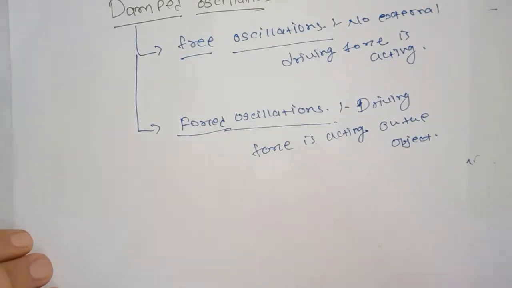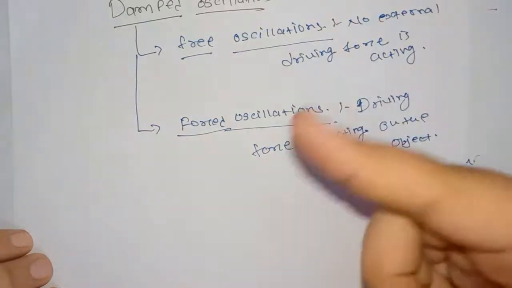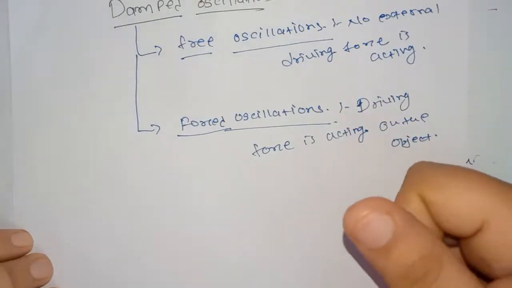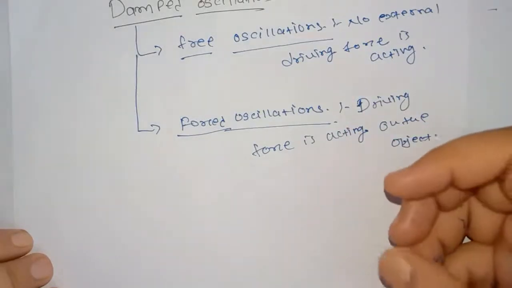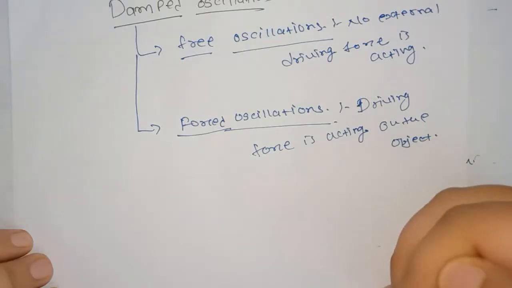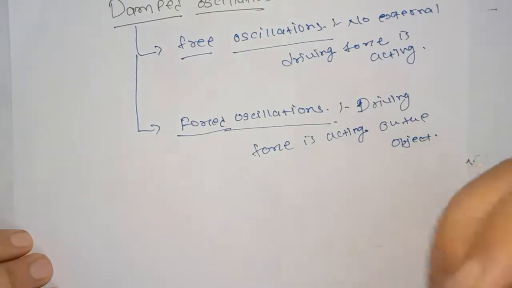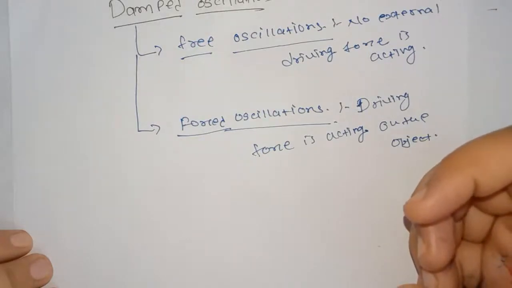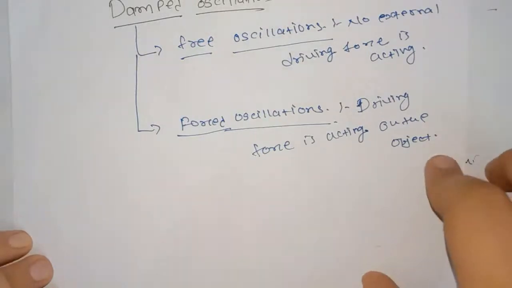But if the other person standing behind him continues to push every time the swing comes in the back direction, then the swinging will continue. The amplitude of the swing will not change. So the force applied by the person standing behind the swing is called the driving force. The purpose of the driving force is to maintain the amplitude.